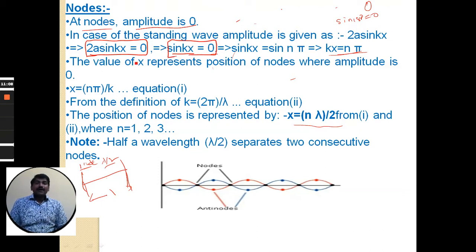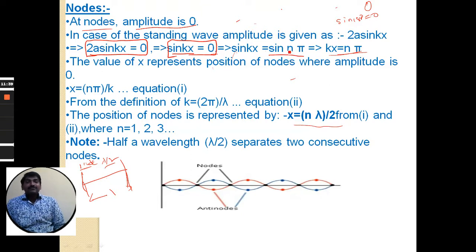Now I have an option to write like this: sin 0 is 0, sin 180 is also 0. Since it is a stationary wave, a number of cycles will form. So sin kx equals, in place of 0, I am writing sin pi. Sin 180 gives the 0 value. But additionally I have added n here.